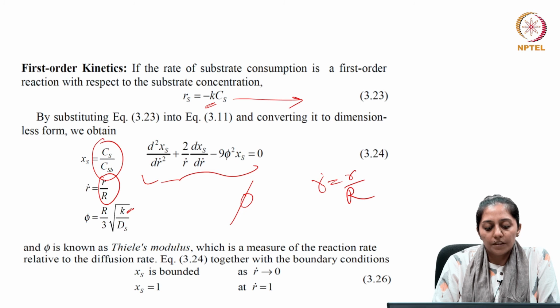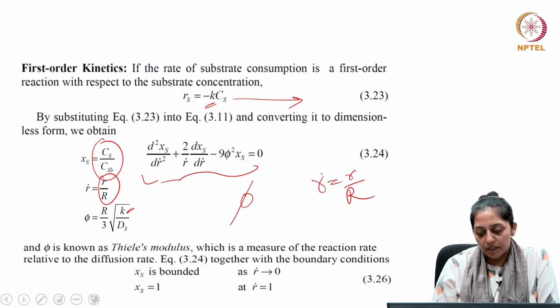Now, depending on whether the Thiele modulus is very low or very high, we can find out whether the reaction rate is higher or the diffusion rate is higher. So, Xs is bounded, which means dCs by dr is nearly 0 when R is 0. So, we are assuming that the substrate is able to reach till the inside.